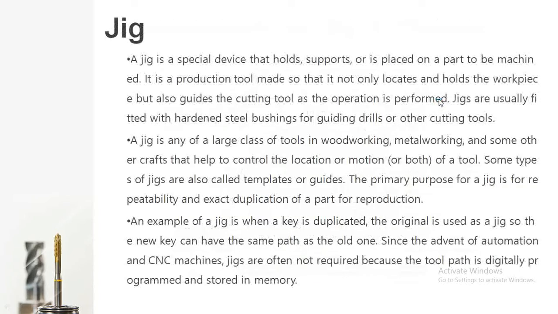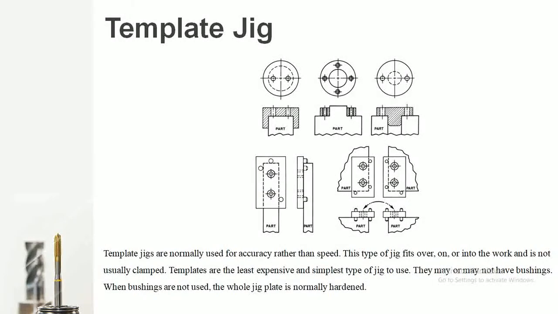But in the case of a template jig, the clamping is not done. It may have bushings or may not. Wherever more accuracy is required, bushings can be used, and wherever less accuracy is required, bushings need not be used.